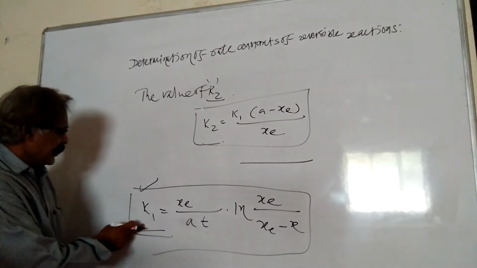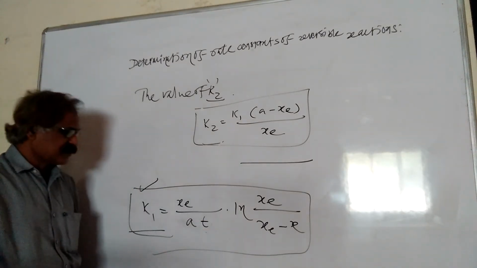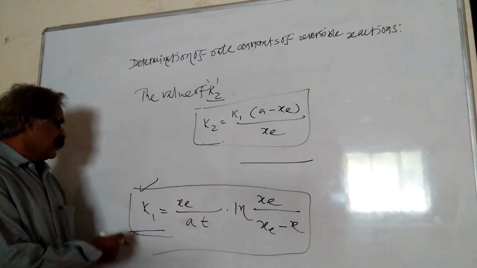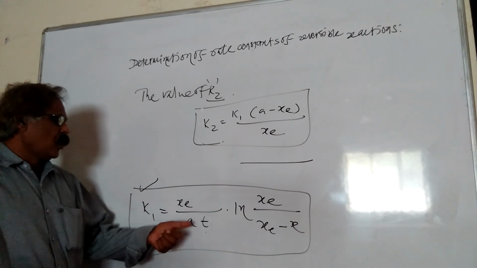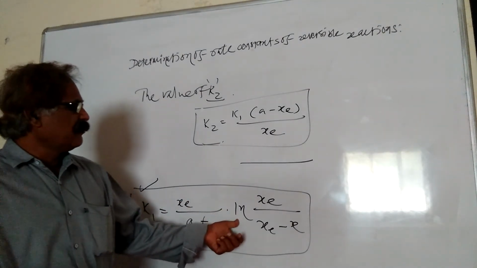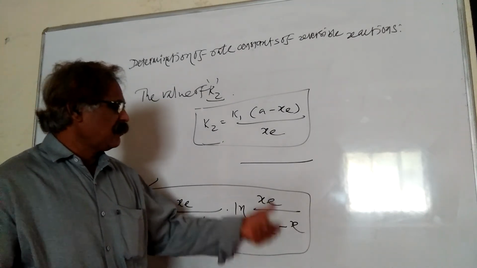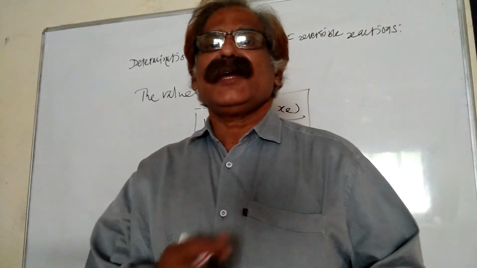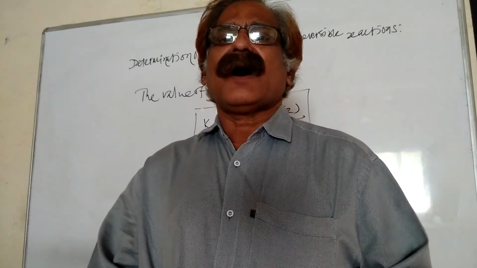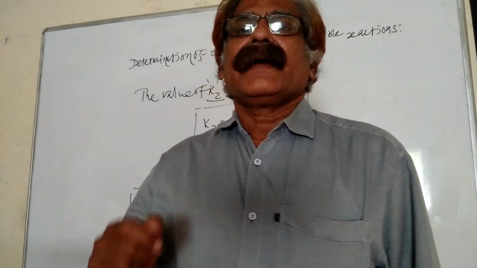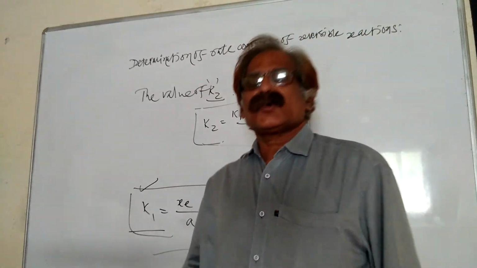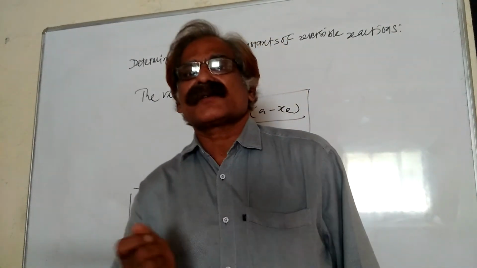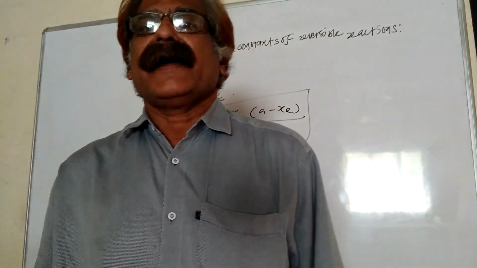And k1, the rate constant of forward reaction, is obtained from this expression: k1 is equal to xe upon a t into natural logarithm of xe upon xe minus x. So in this way we have seen how we can determine the rate constant of forward reaction and the rate constant of backward reaction.